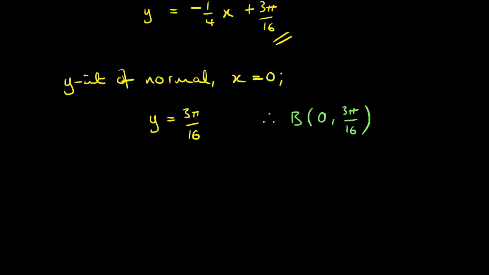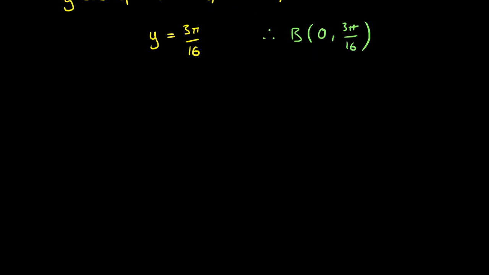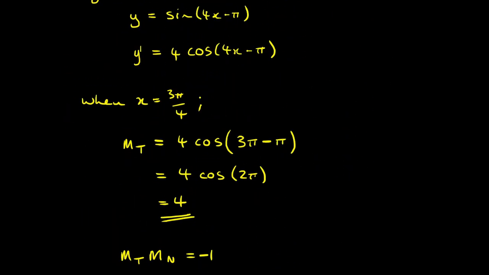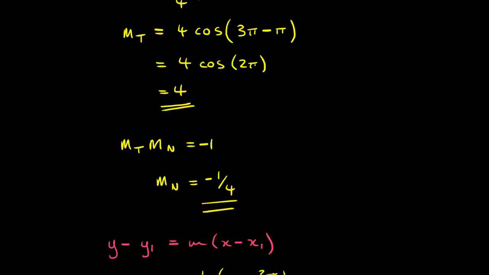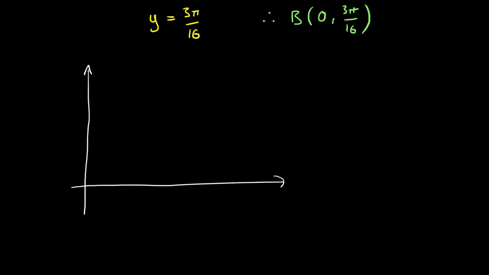Well then, if I simply draw out my coordinate frame, the coordinate A is the point (3π/4, 0). So let's put that here. This is A, or rather, A has x coordinate 3π/4.